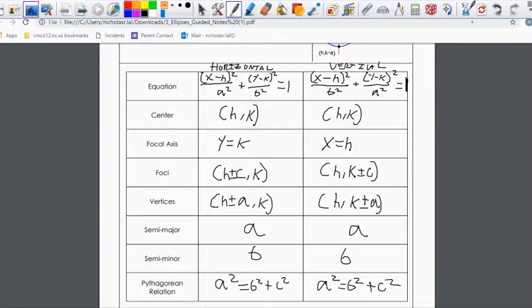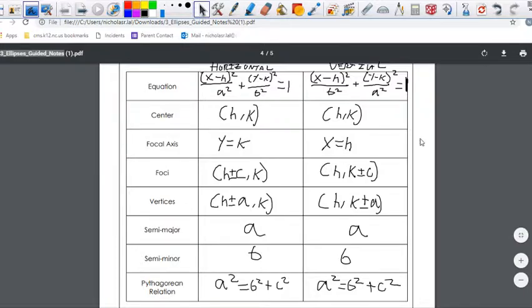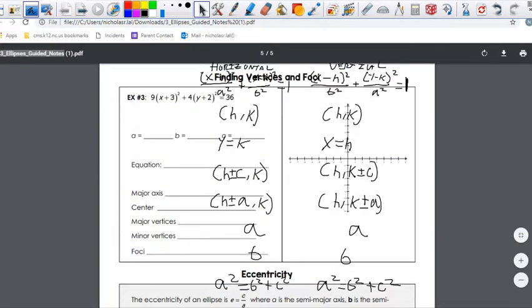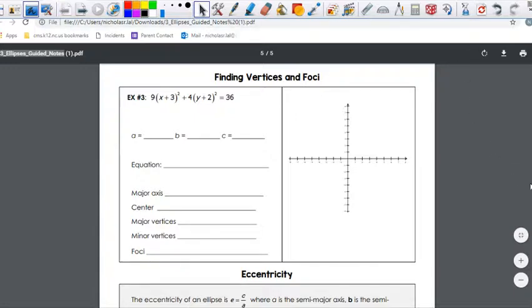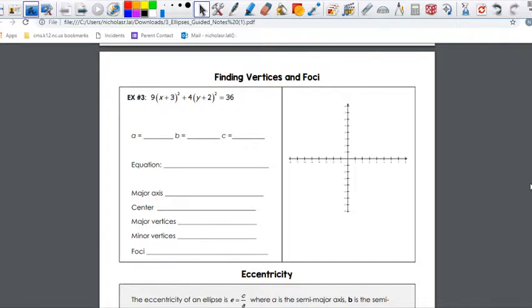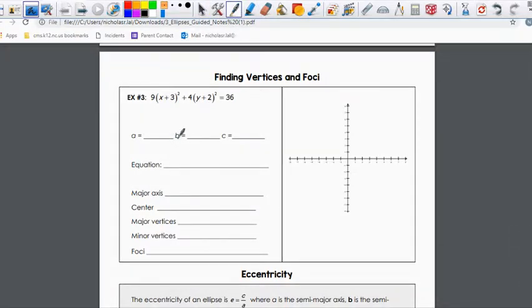Okay, so again, you can pause it, but I'm going to clear annotations and move on. All right, finding the vertices and the foci. For example 3, we have 9 times (x plus 3) squared plus 4 times (y plus 2) squared is equal to 36.